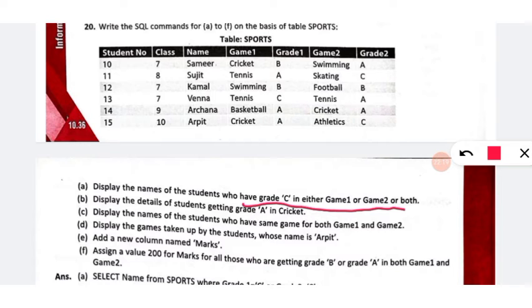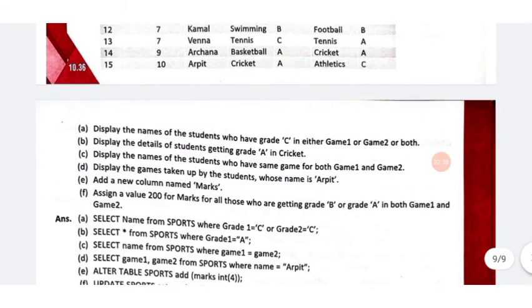If they got grade C in game 1, then also select them, or if they have grade C in game 2, then also select them, or if they have grade C in both game 1 and game 2, then also select those students' names. So how will we write this?